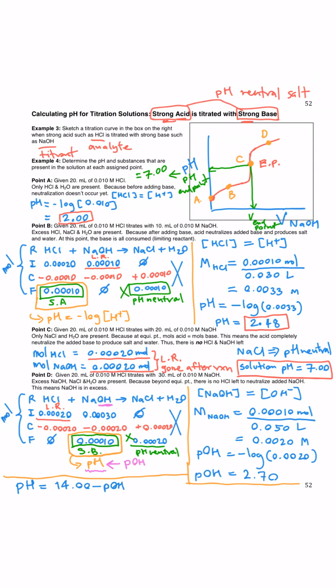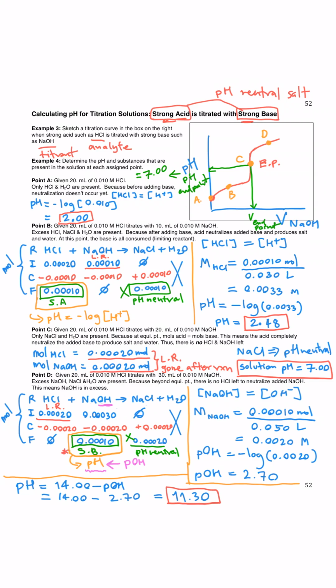Therefore, the pH of this solution comes out equal to 11.30. And again, this solution at the end of the reaction contains only sodium hydroxide and the pH neutral salt. Therefore, this solution would be a basic solution because you have sodium hydroxide left and your pH should be greater than 7.